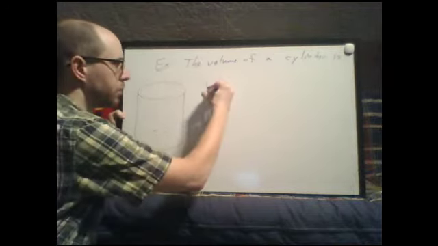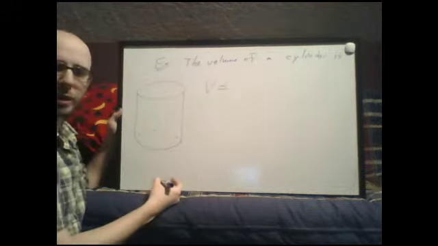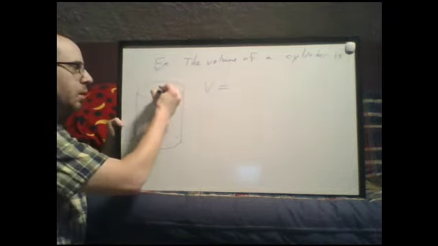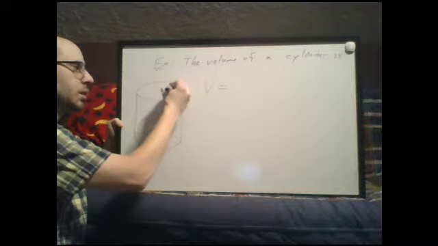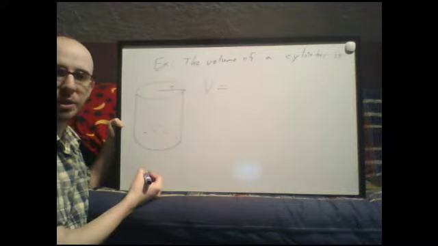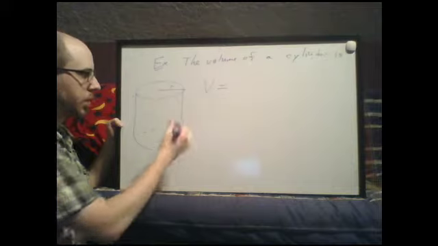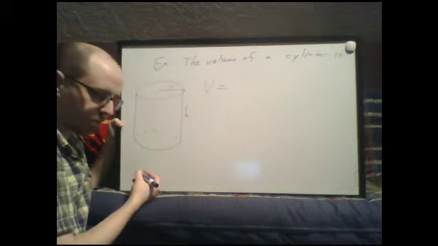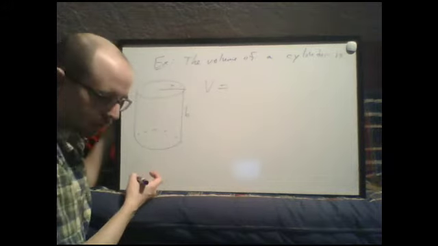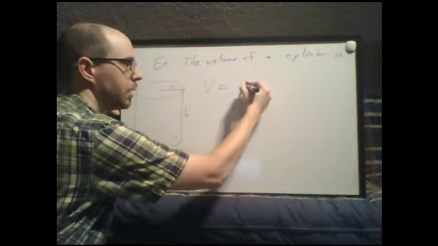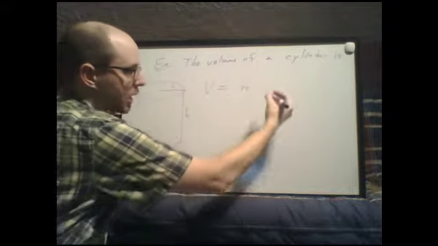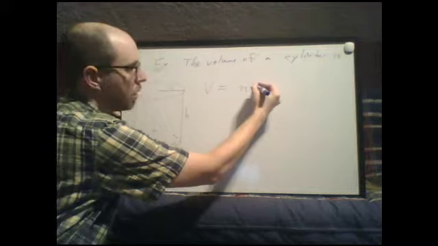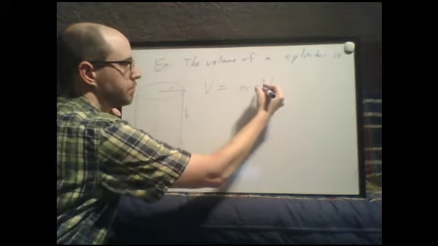Okay, so the volume of this thing is V equals, we have two numbers we need to use to compute this. One is the radius, so the radius of the circle at the bases of this cylinder, and the other is the height. Based on these two numbers, the formula for the volume is pi r squared times h.